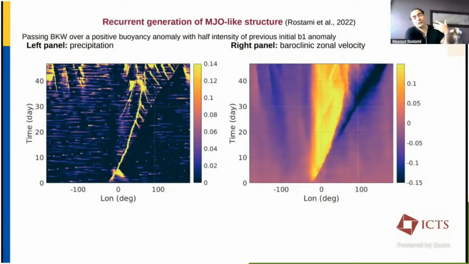Once it reaches a high temperature anomaly, as you see in the left panel, there is a recurrent generation. The recurrent generation you see is not as clean as the first generation. And then we can have a recurrent generation of the system automatically again, and we see this eastward propagation.